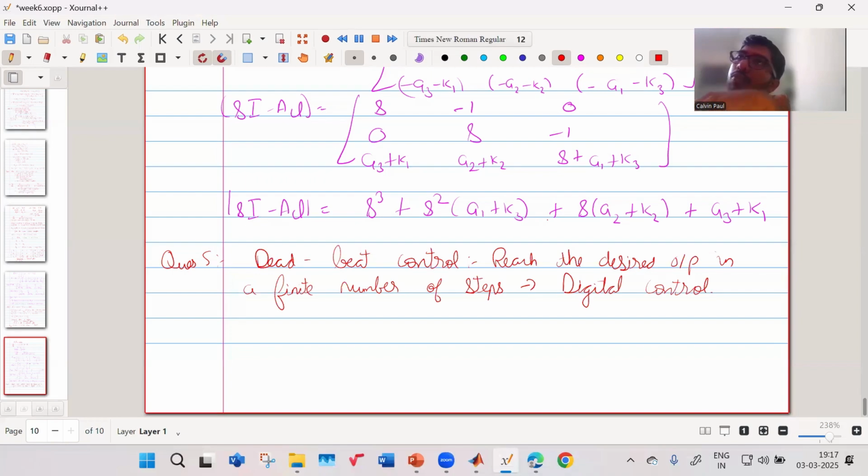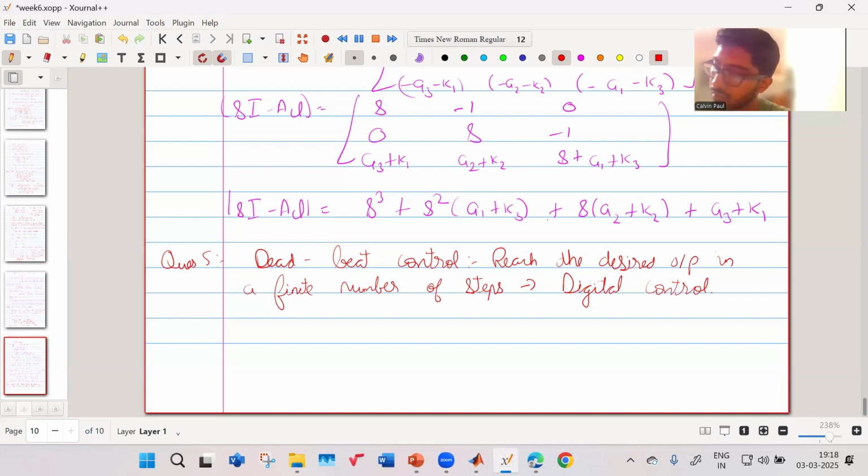You have studied continuous time systems, right? And you have studied settling time and the time constant of a system. A first order system has a time constant, a second order system has a settling time. What is the definition of settling time or time constant?